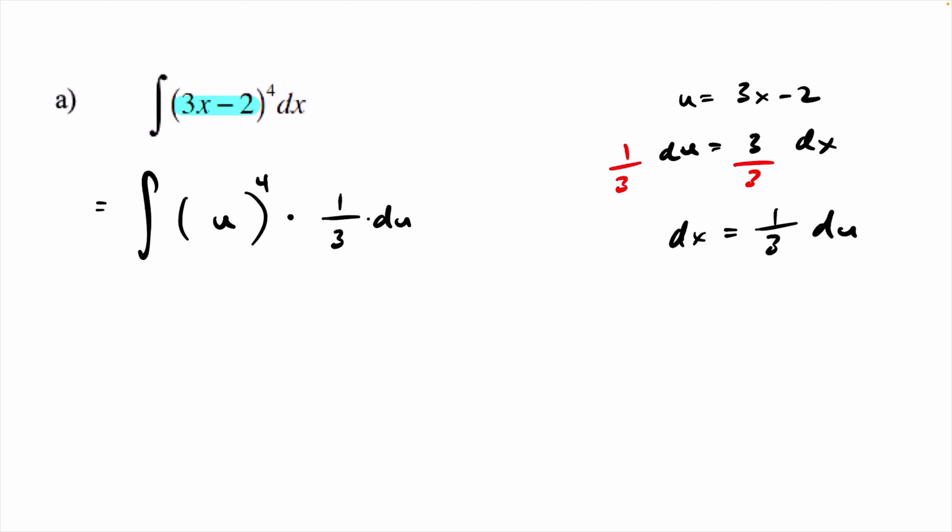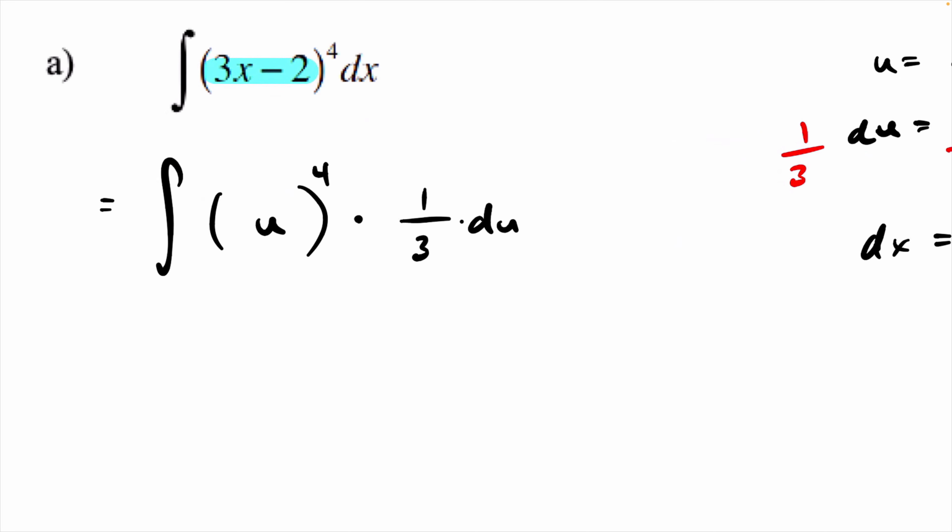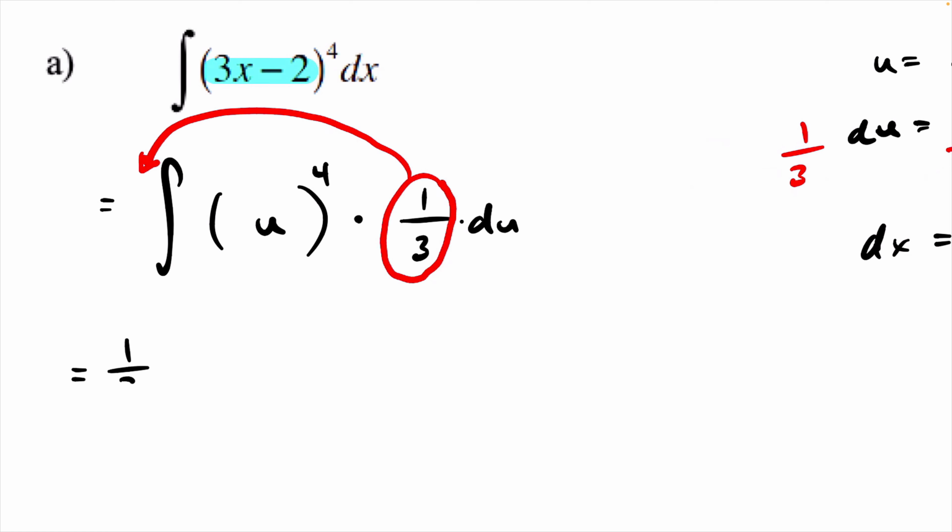So before I go on to the next step, are there any other letters besides U? The D don't count. Is there any other X's or Y's or A's? No, right? So we could skip that step. The 1/3 though, I would highly suggest that you move the 1/3 to the front and just multiply the antiderivative with it. Don't deal with it inside, it's just a 1/3 times.